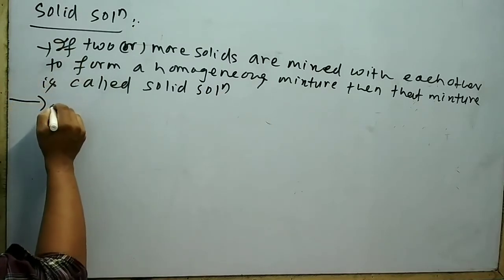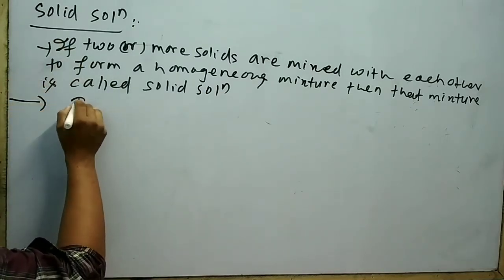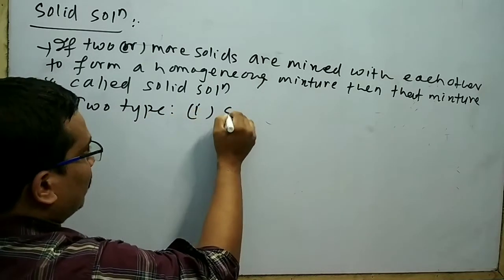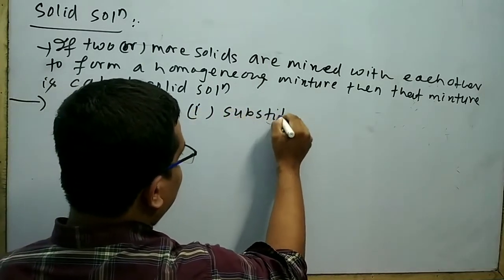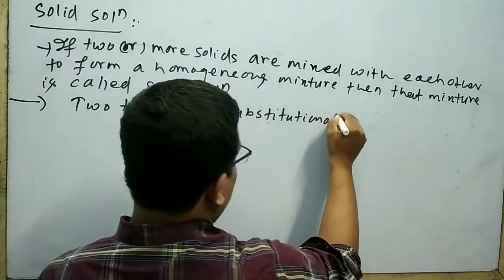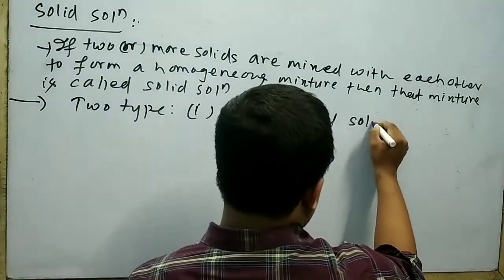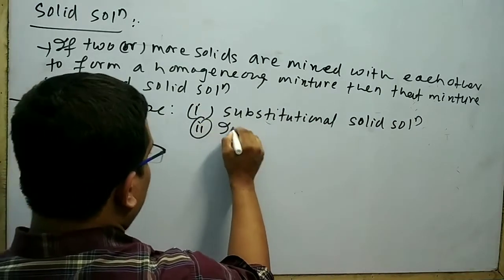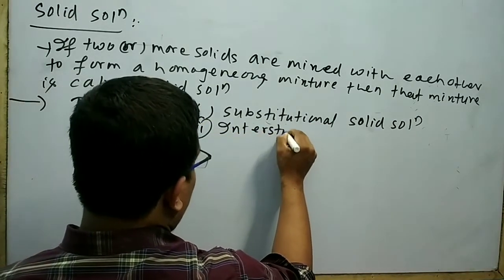Solid solutions are of two types. One is the substitutional solid solution. Second is the interstitial solid solution.